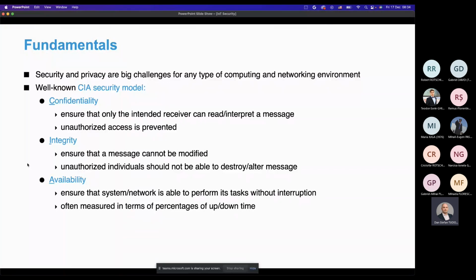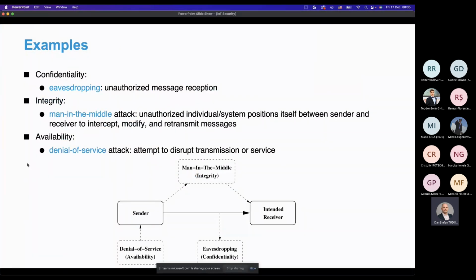So these are the fundamentals, and you can have some examples of confidentiality. For example, eavesdropping is the reception of a message by an unauthorized individual.